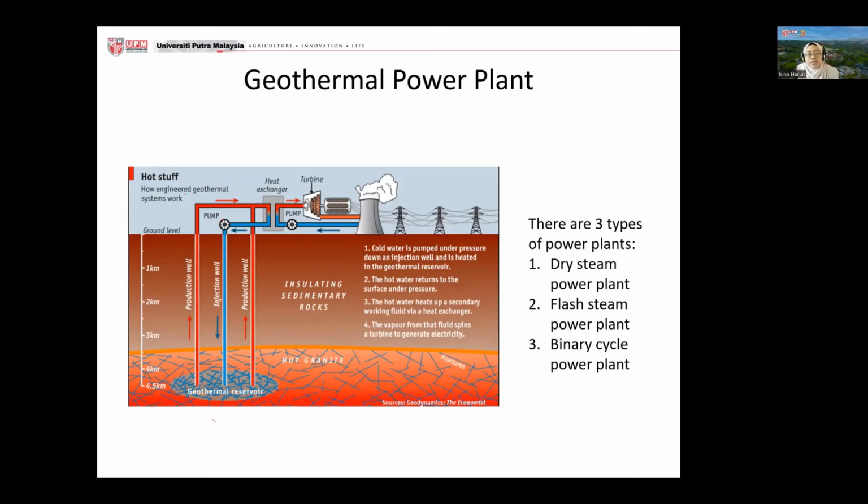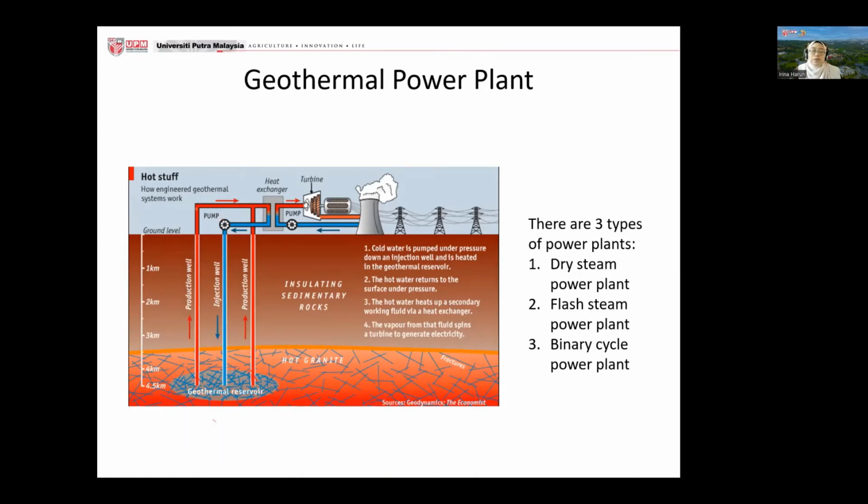And as it heats up, it's going to return to the surface because it's under pressure. Here it keeps on being pumped into the reservoir, so something is going to have to go out. That pressure generates the flow of the hot water to the surface.